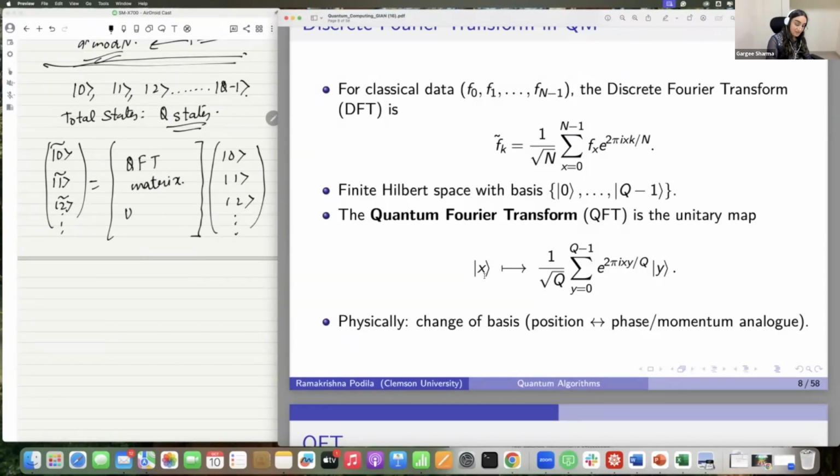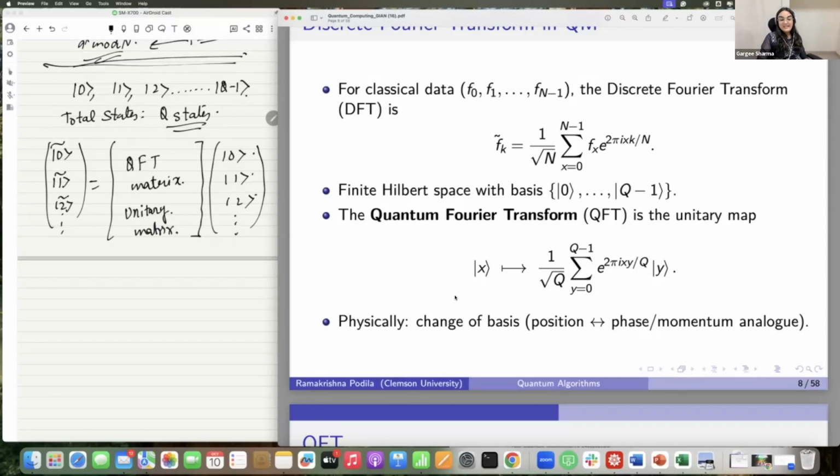Okay, which can show that this is a unitary matrix. Here 0 tilde, 1 tilde, 2 tilde are basically the Fourier transform of 0, 1, 2 respectively.